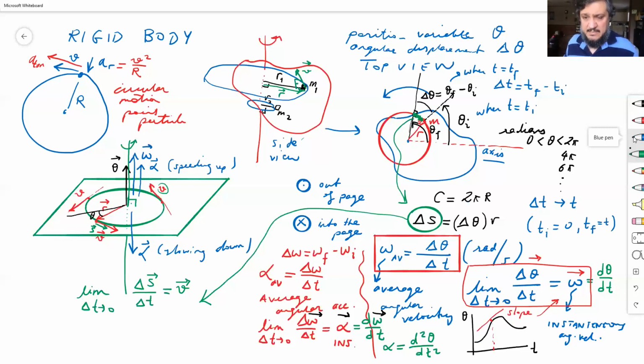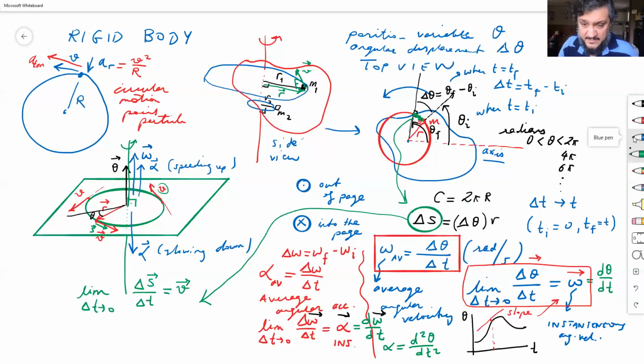All right, so I'm just including this to complete the story here, because we have 3 position variables: theta, r, and now s. And these are also related.